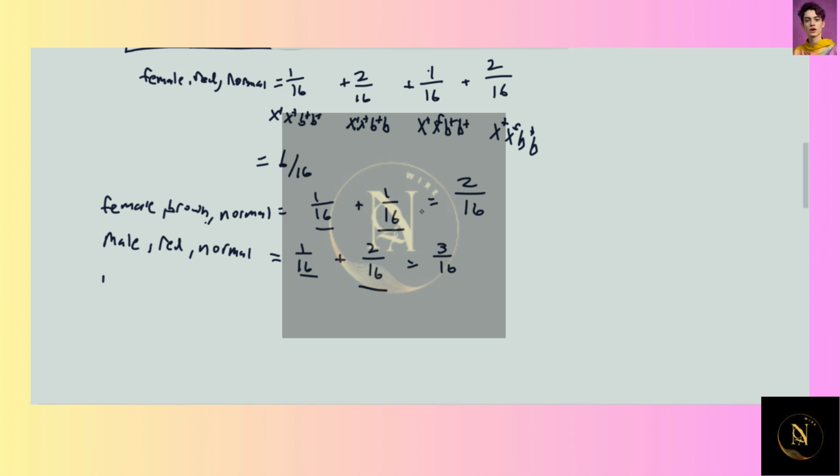Moving on, we have another male with red eyes but forked bristles. This is equal to 1/16 plus 2/16 again, equals 3/16. This genotype was X^F Y B+B+, and this genotype was X^F Y B+b.